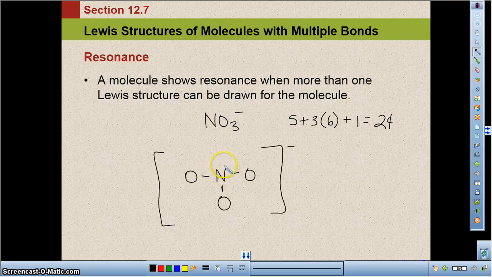So we go ahead and meet the octet rule, just like we did on the others. Nitrogen should have 8 around it, oxygen now has 8, and so do the other oxygens. Next, we're going to count electrons, and we should come up with 24 total.